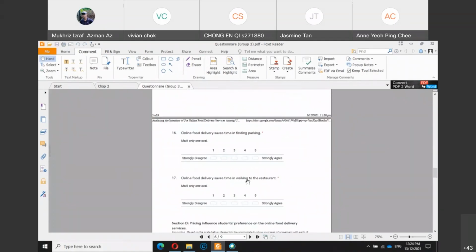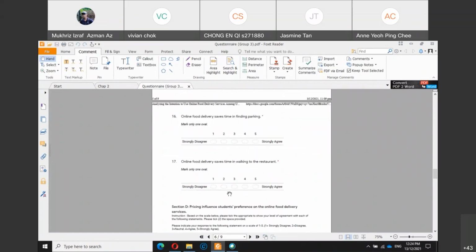But if you are targeting any student from Universiti Malaya, whether they are living in Kedah, Johor, Kelantan, Terengganu or Perak, then some of the questions become not relevant. Like finding parking: if I'm living in Kedah, there's no problem about parking. So some of the questions might not be relevant.